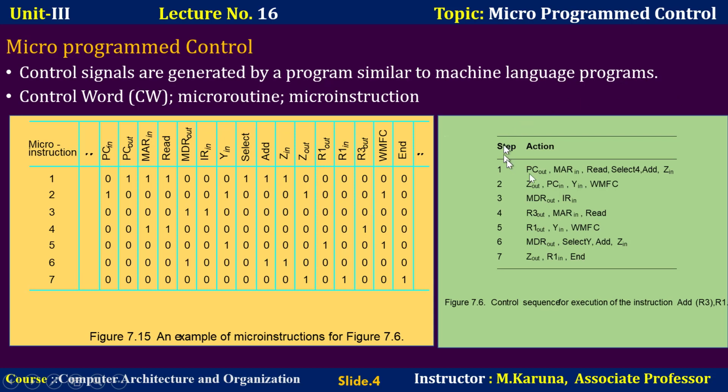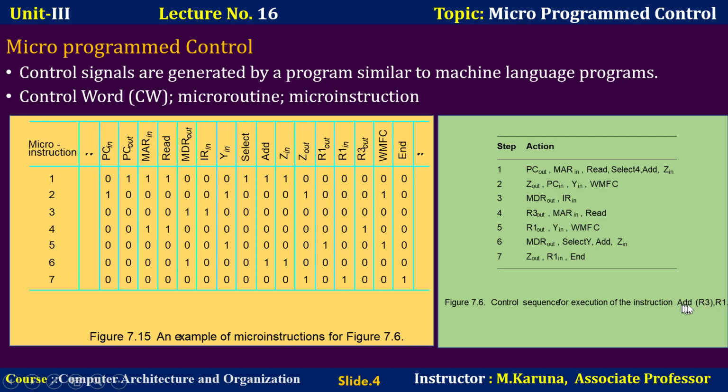In the last class we discussed one example, Add R3, R1. To execute the complete instruction, the processor needs to fetch the instruction first. The first operand is available in memory, and that memory address is specified in R3, so the processor needs to fetch the operand. Next, it performs the add operation on the fetched data according to the instruction, and then the output is transferred to R1.